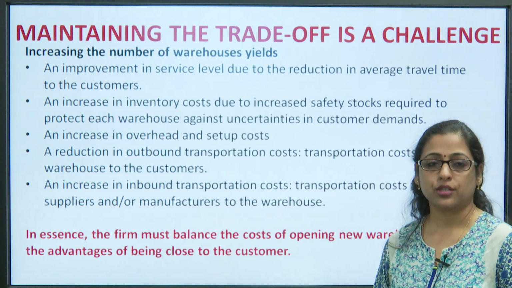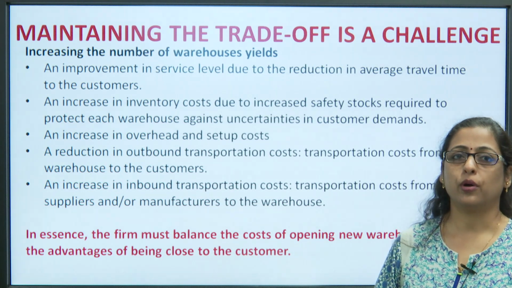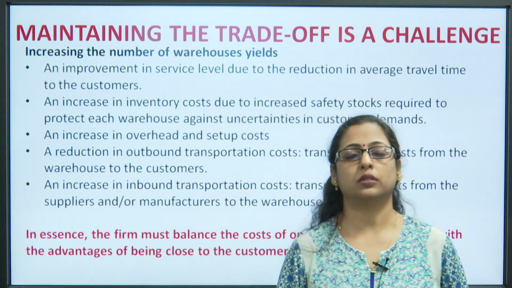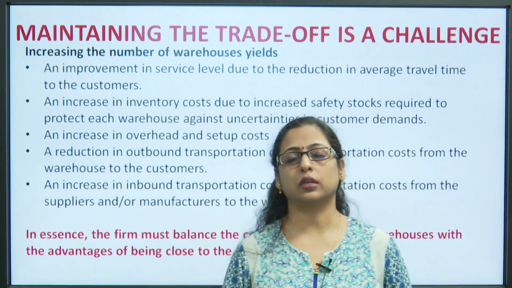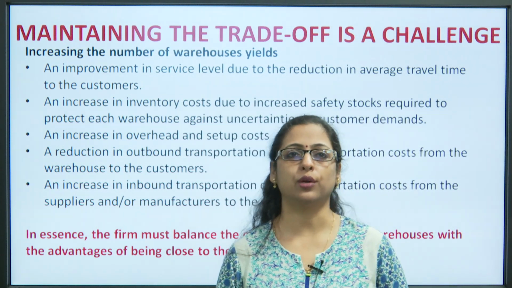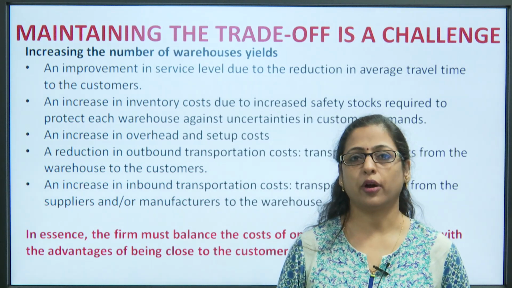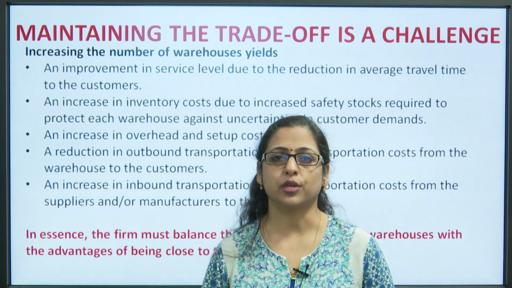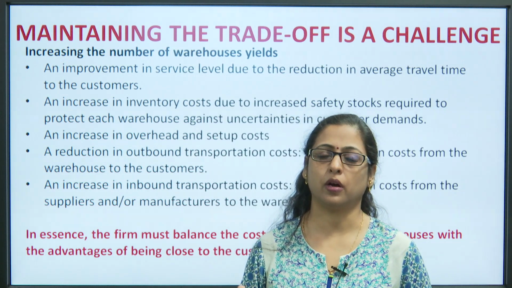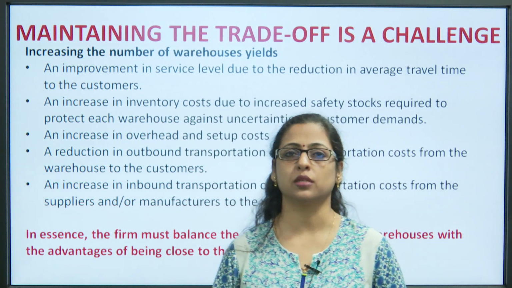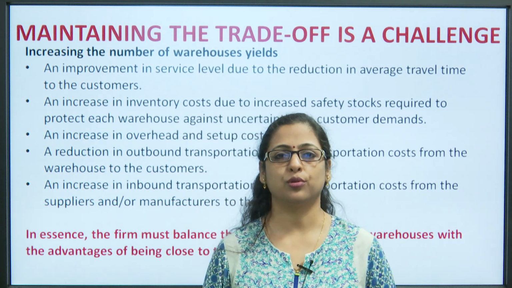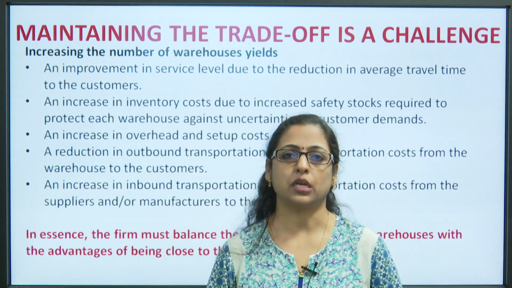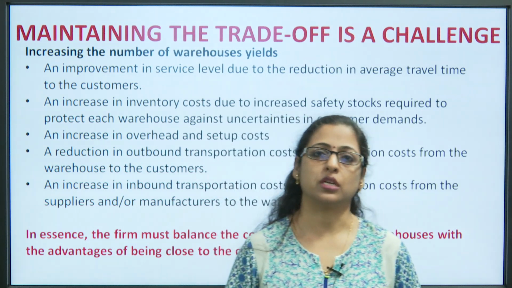Then the next is a reduction in outbound transportation cost from the warehouse to the customer. That means the company will be required to provide a lot of outbound transportation, and that transportation cost will go up, because if they are reducing the number of warehouses, the company will be required to support this reduction through efficient transportation services.